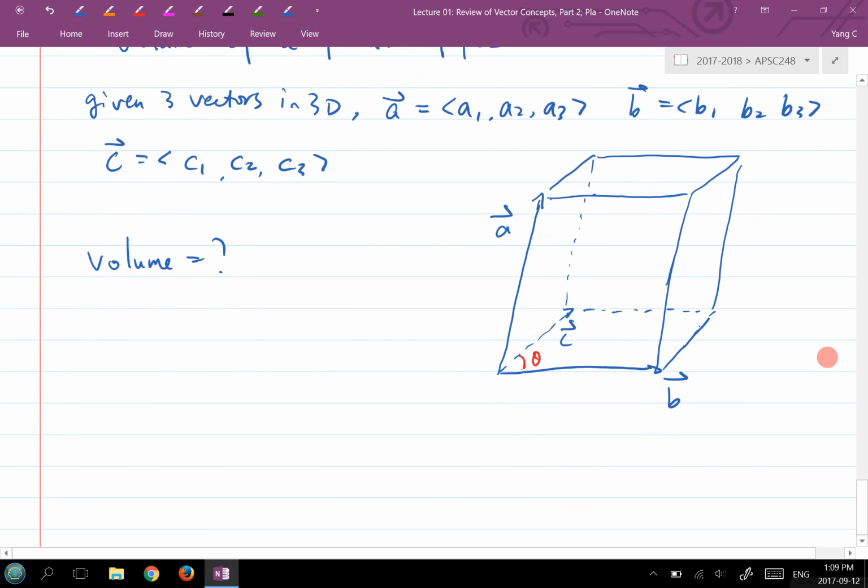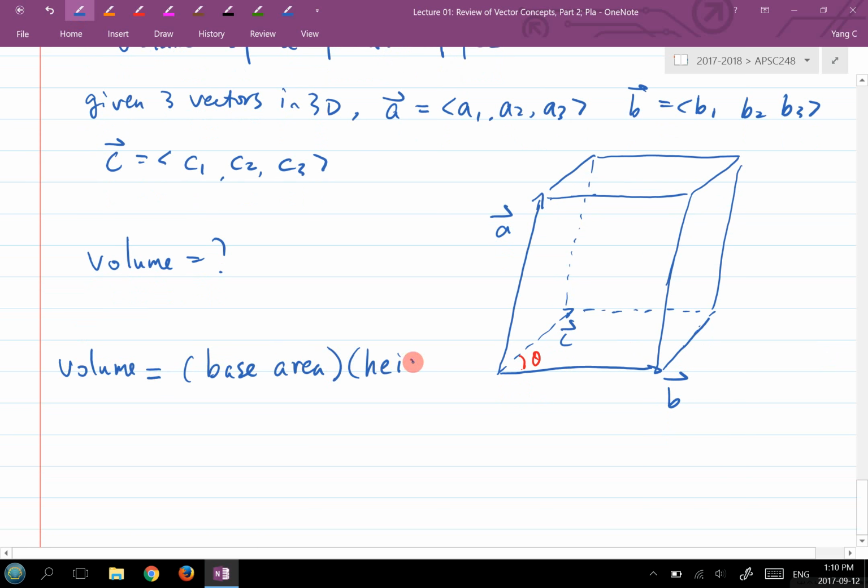So I'm going to use very similar thinking as in deriving the area of a parallelogram. Okay. If we're talking about the volume, then for a parallelepiped, it's basically going to be the base area times the height.